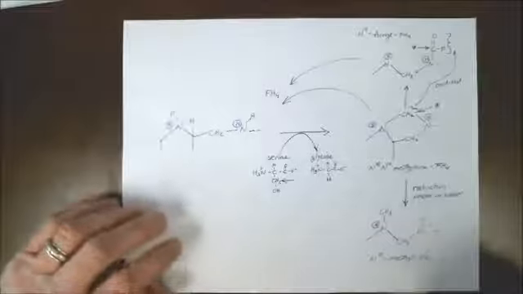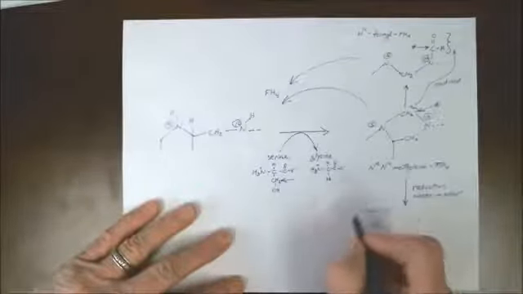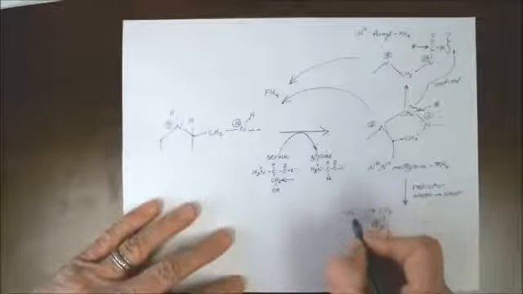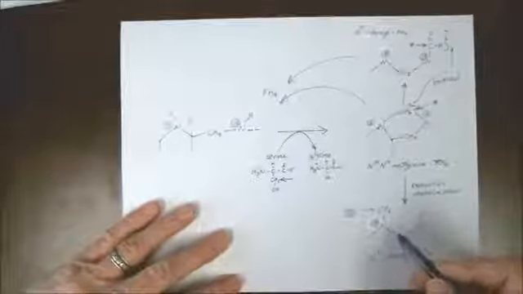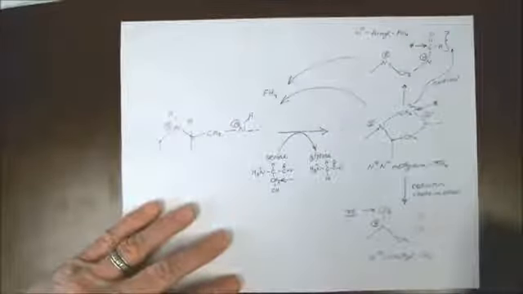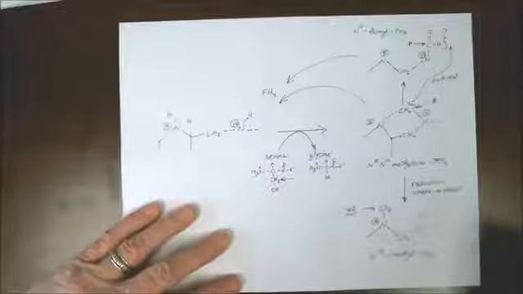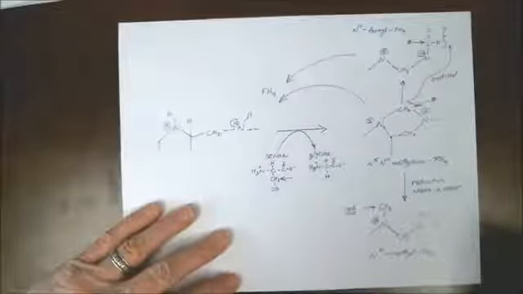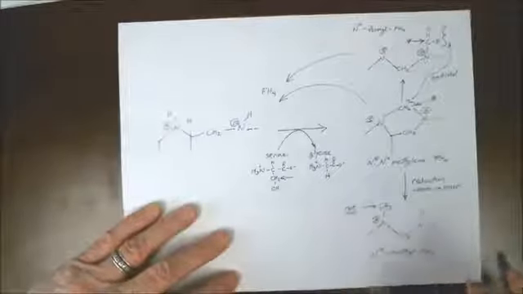Now, this presents a problem for us because this methyl group right here is not a good leaving group. In order to remove that methyl group from the nitrogen, it takes a lot more energy than the simple one carbon transfer straight away can handle. So we are going to have to deal with this in another way.